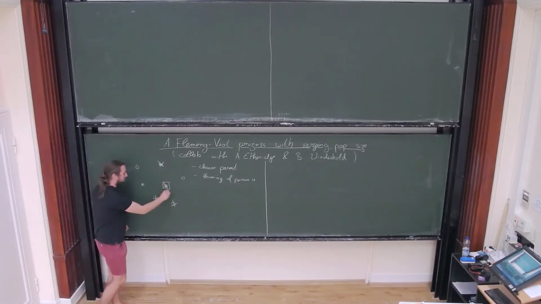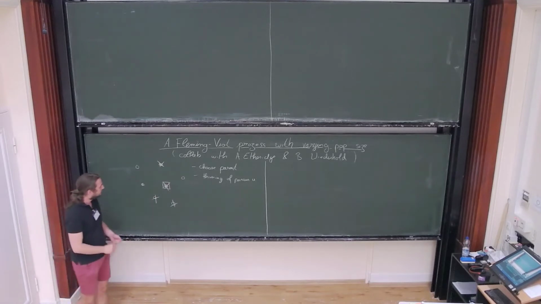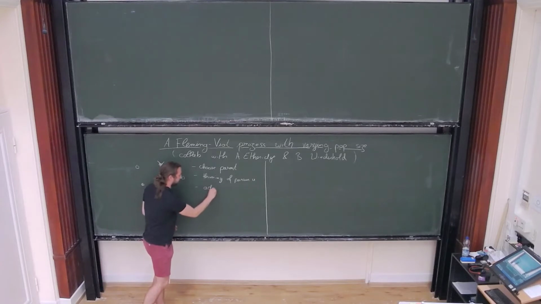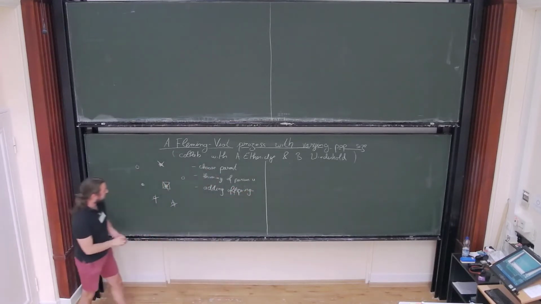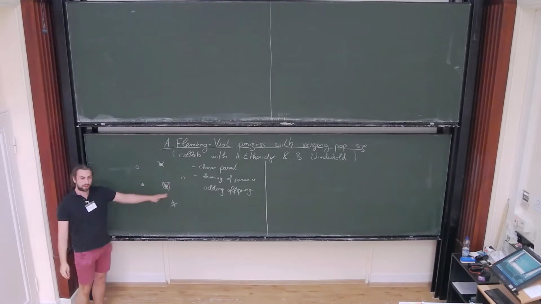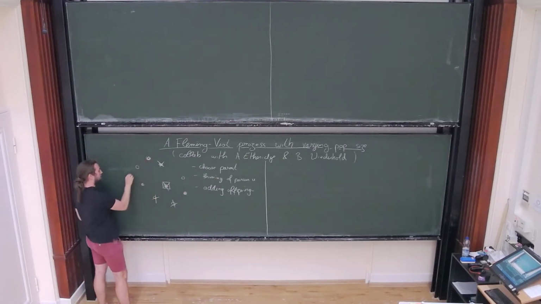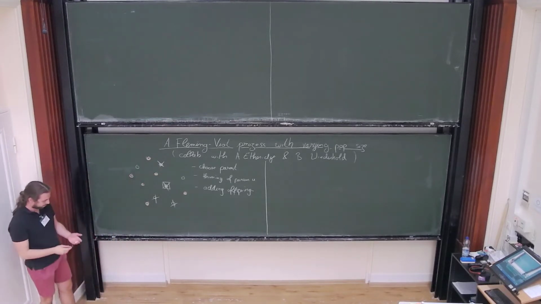The parent is not protected from dying. It may die, it may not die. And then the last step is adding offspring. As expected, the offspring will have the same type as the parent. So we've got some new individuals added back into the population, but all of them are of type red.